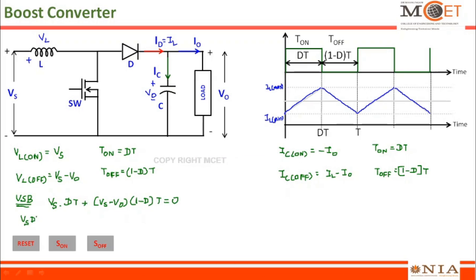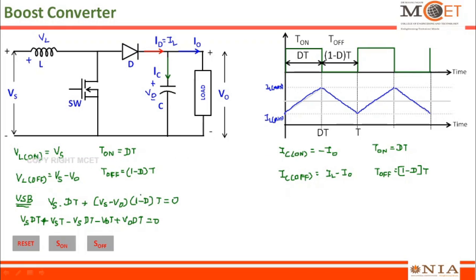Vs into dT plus, I multiply this inside. So this becomes Vs into T minus Vs into dT, plus minus V0 into T plus V0 into dT is equal to 0.